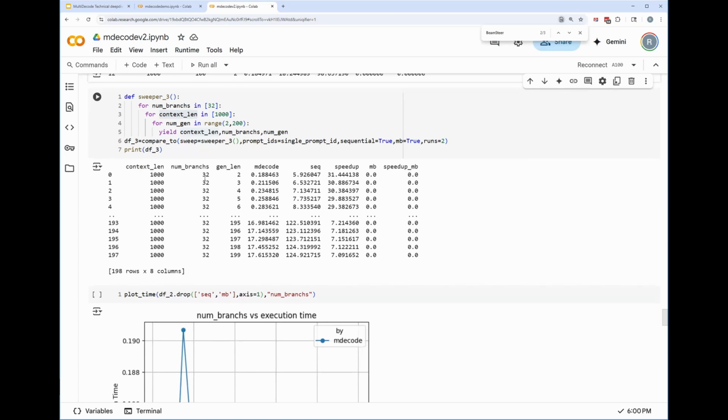I held the context and number of branches the same, and I wanted to explore how this works as you have longer and longer generations. We know the intuition is that we're only using one row in the mini batch, but it's growing the number of branches faster than the other rows.